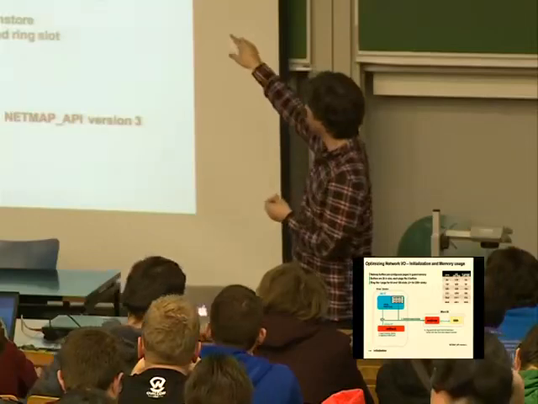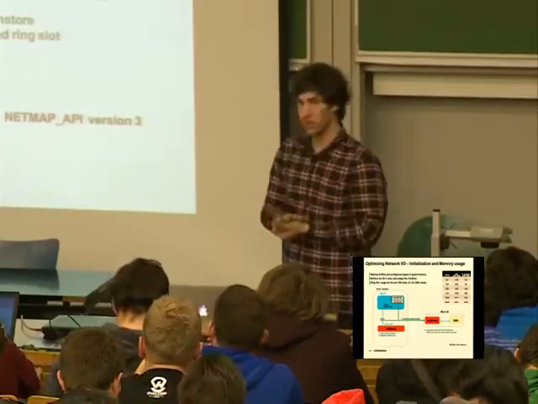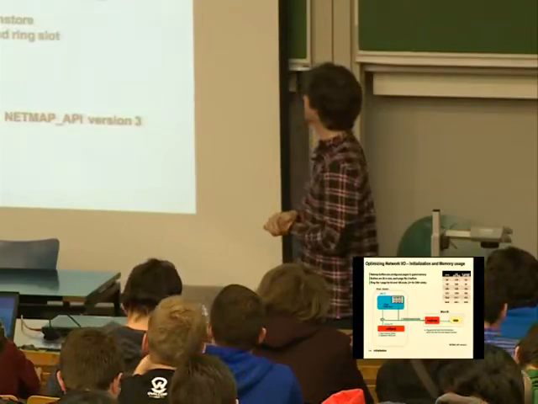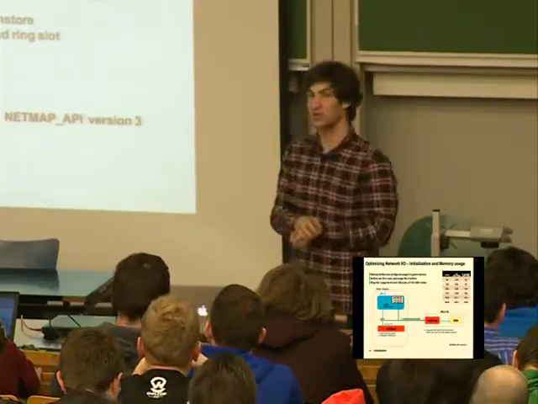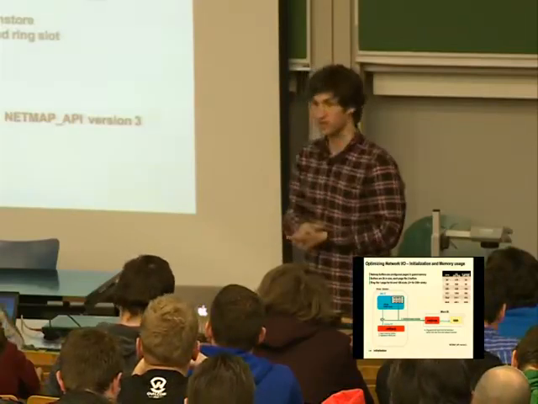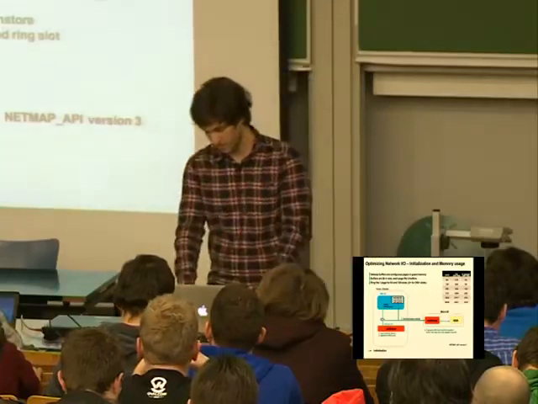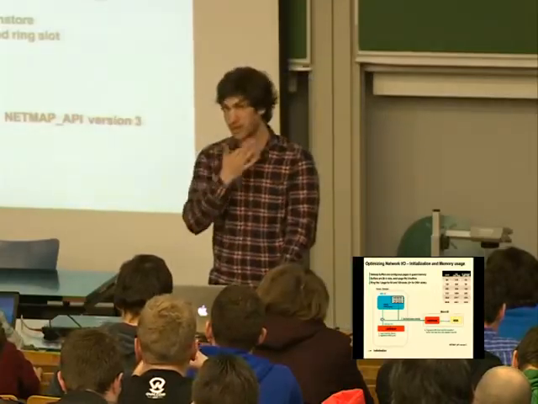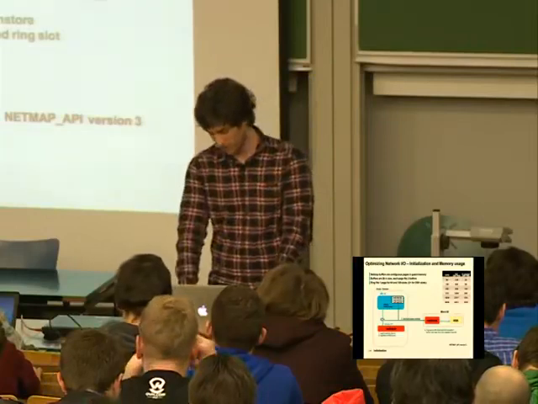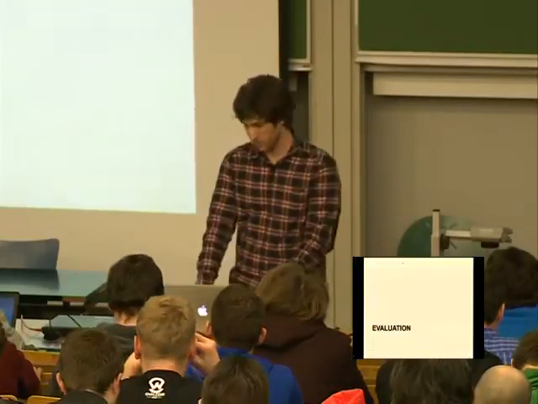So to run our ClickOS VM, the minimum memory requirement is for 64 ring slots. It's 6 megabytes in total, and we drive 10 gigs with this ring size as well.